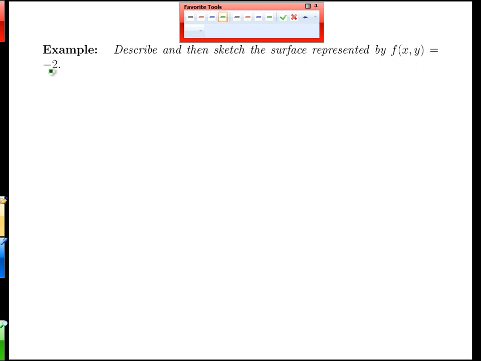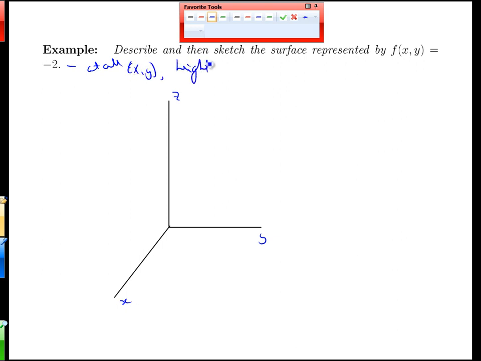What about a surface where it's the same thing, same as a constant, but the surface is at height -2? Let's draw that out. So we'll have our x, y, and z, and again, at all x, y points, the height of the surface, this is another way to say what we said on the previous page, the height of the surface is at z equals -2.